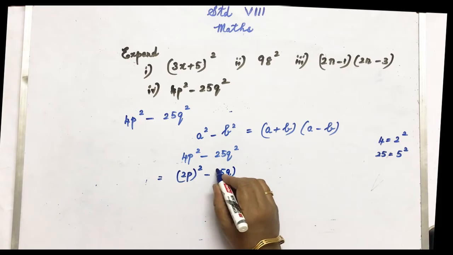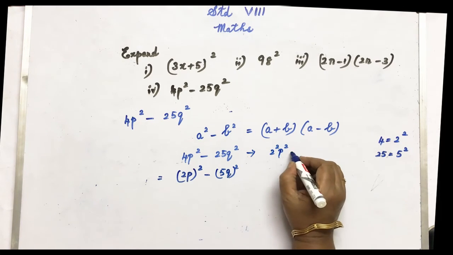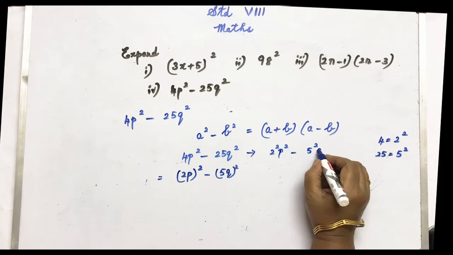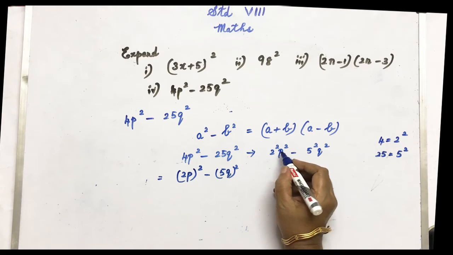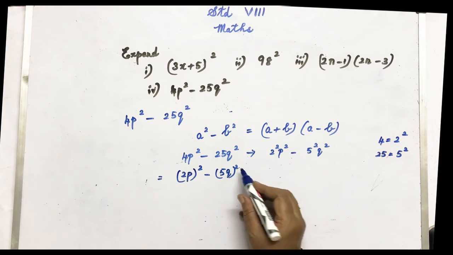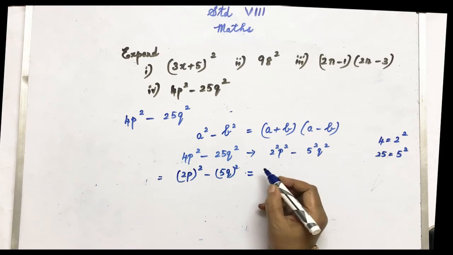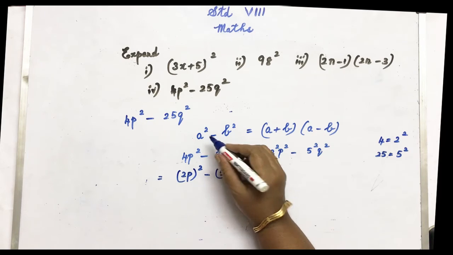5q whole squared. So this is actually 2 squared p squared, and 5 squared q squared. So now together we are putting the square. So this can be written as 2p whole squared minus 5q whole squared is equal to, now just to compare, in the place of a what do we have?